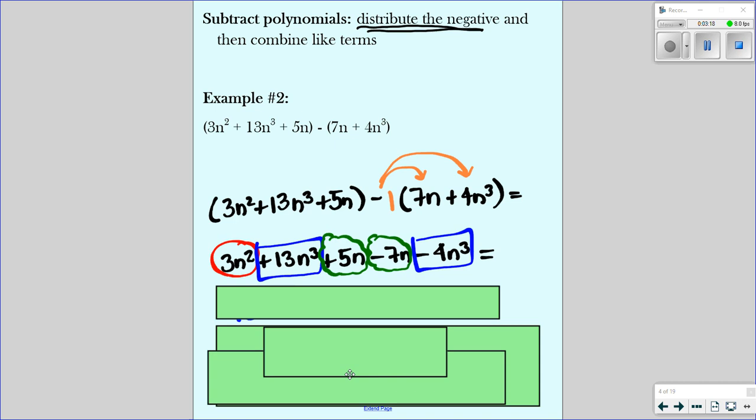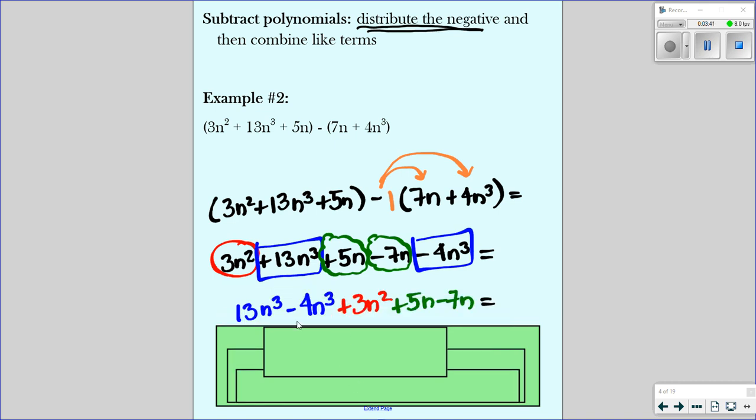Once you do that, you simplify, and then combine like terms. So that I don't miss out on anything that I have to combine, I circled anything in red that's the same, the blues, the greens. Once I have every term marked, then I can combine. And notice that I combine it based on the degree.